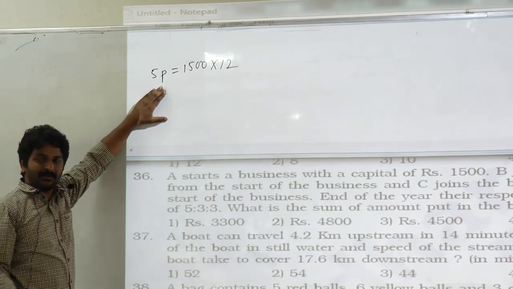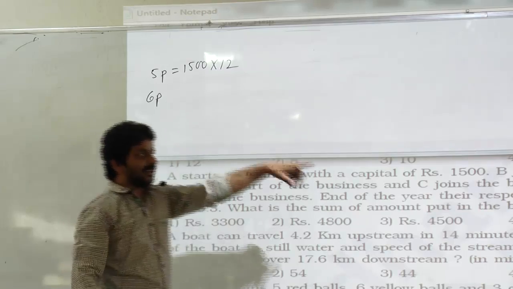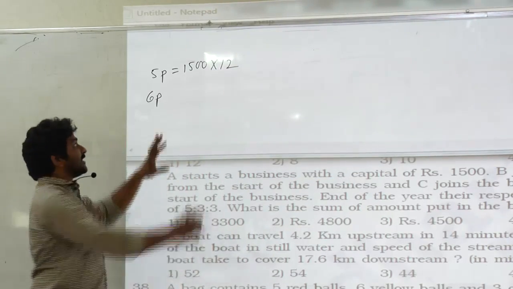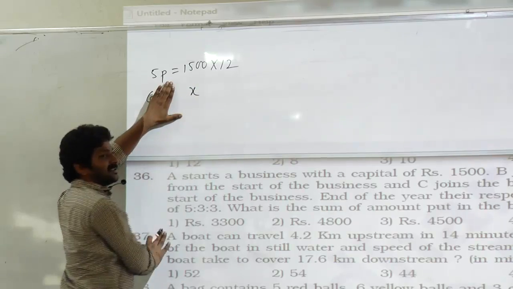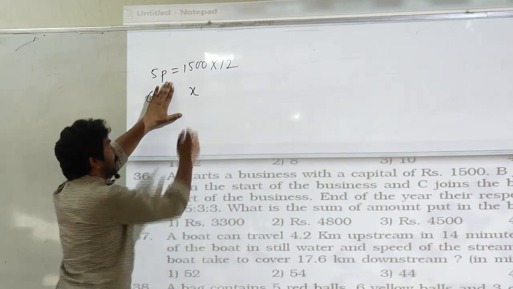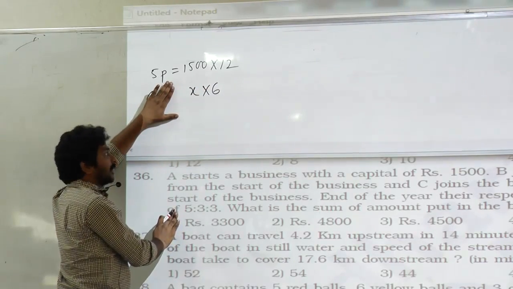Is it clear? Now B is getting 3 parts and C is also getting 3 parts. B invested, let's say, X rupees, and B joined after 6 months, so he will be there for only 6 months. Are you getting? Right.